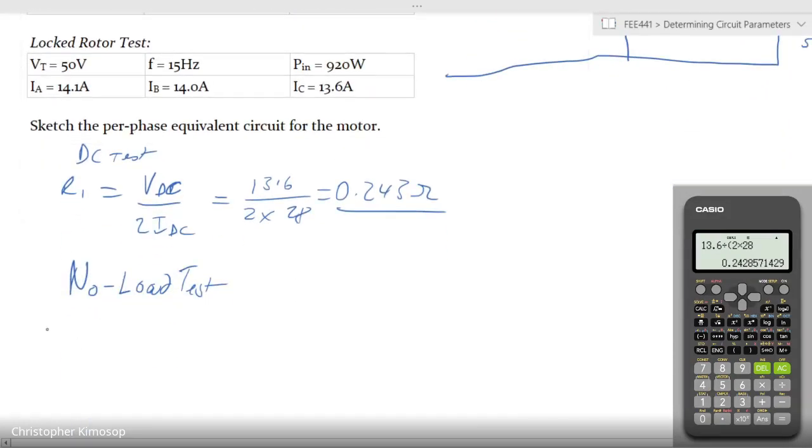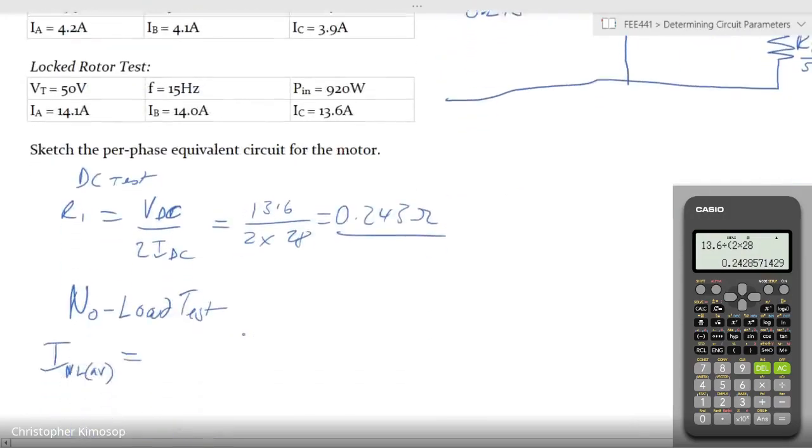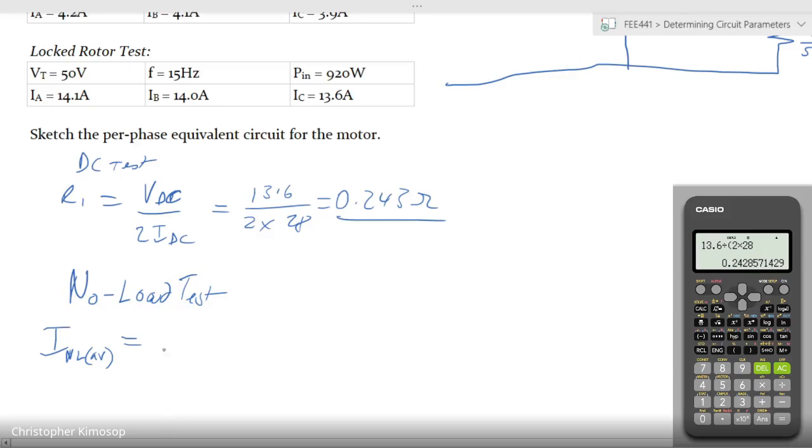The average of the no-load currents is given by 4.2 plus 4.1 plus 3.9 divided by 3, which in turn gives us 4.067 amps.